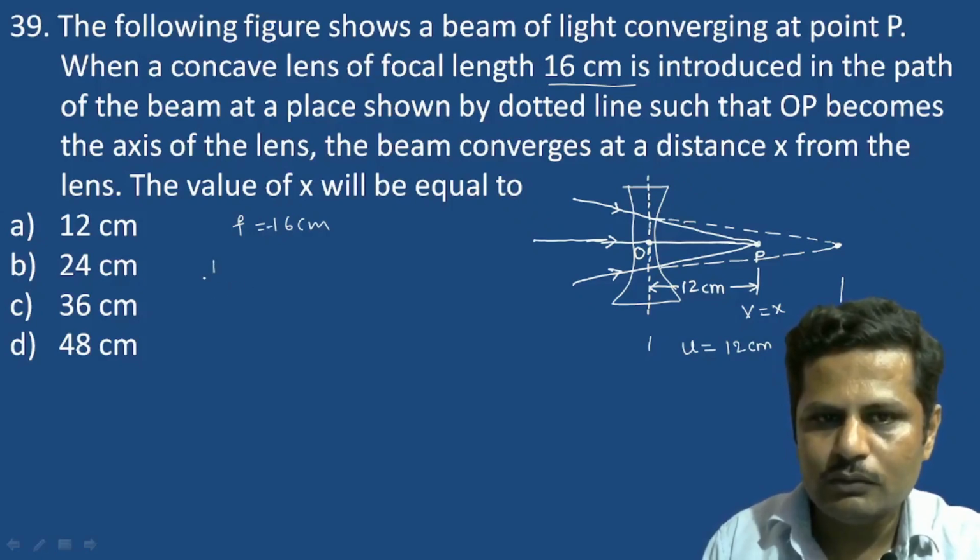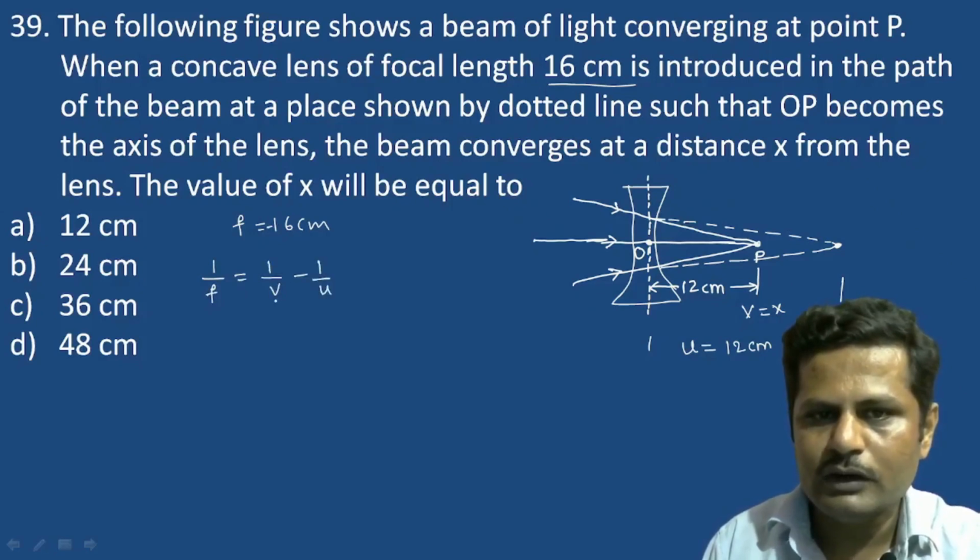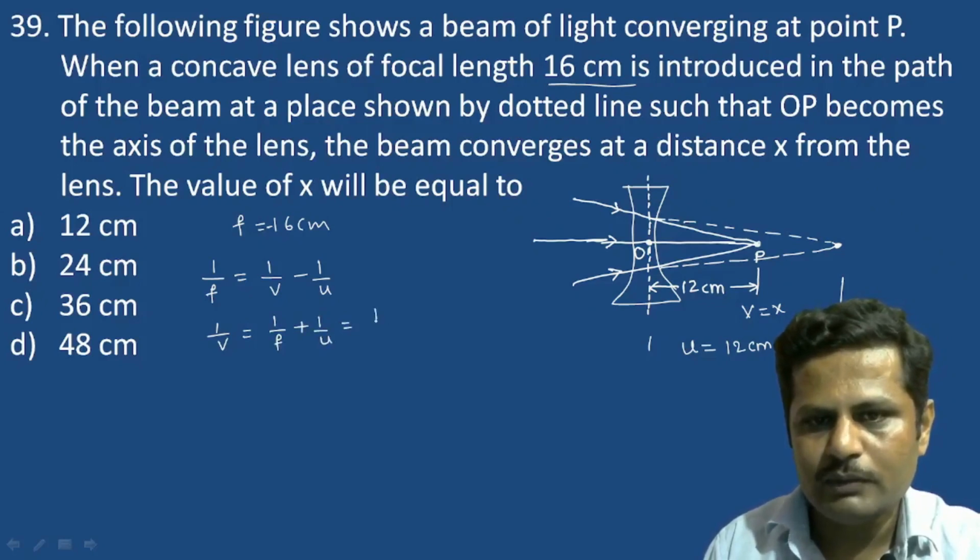As we know, 1 by f is equal to 1 by v minus 1 by u. What we need to find out here? v we need to find out. So 1 by v is equal to 1 by f plus 1 by u. On substituting the values, 1 by minus 16 plus 1 by 12.